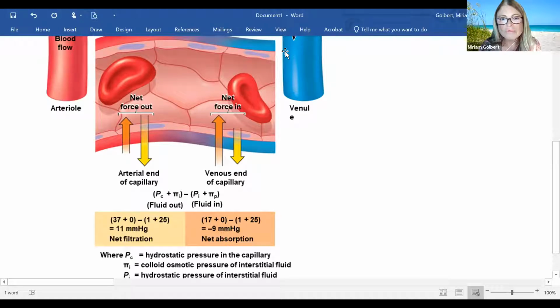So I want to go over what osmotic or oncotic pressure is. You have this in your chapter, but maybe a little explanation on how easily you can understand this. We have to go back to hypertonic, hypotonic, and isotonic. Do you all remember that?